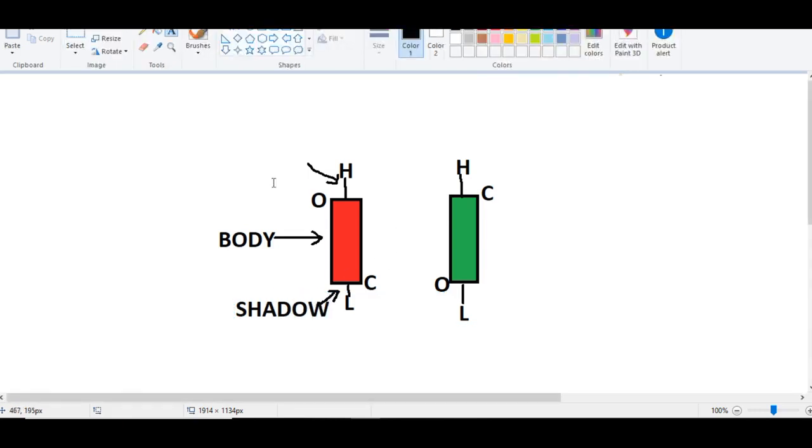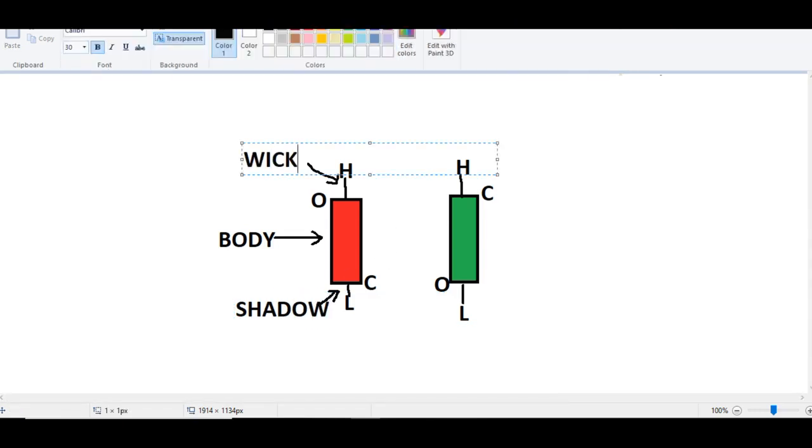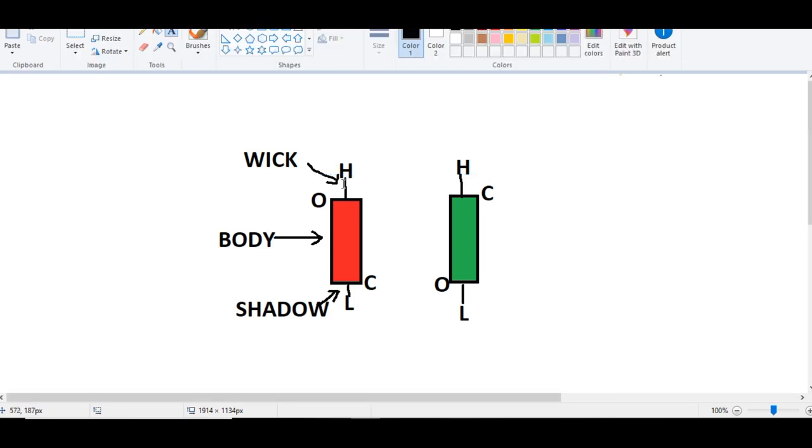So this is basically the breakup of a candlestick. The big colored portion is a body, and the lines that you see on the candlestick are the shadow or the wick, for a green candle or a red candle.